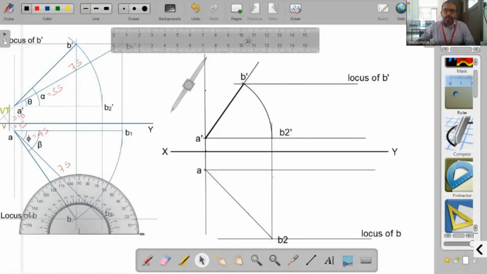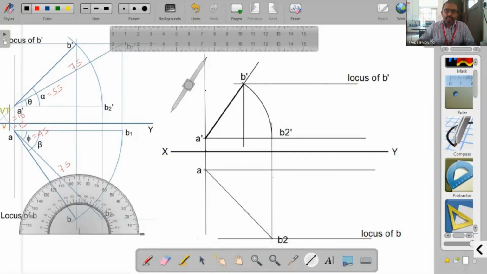Now from this B dash point, draw a perpendicular line. Again, as I said, use your protractor to mark the perpendicular line. Since in the software it is easy to draw a perpendicular line, I am directly drawing it. Don't follow this procedure of not using any scale or protractor while drawing this perpendicular line.